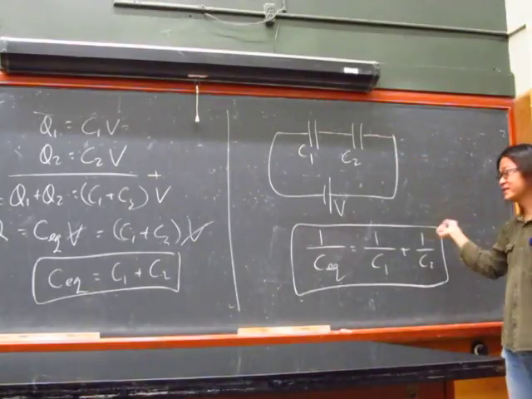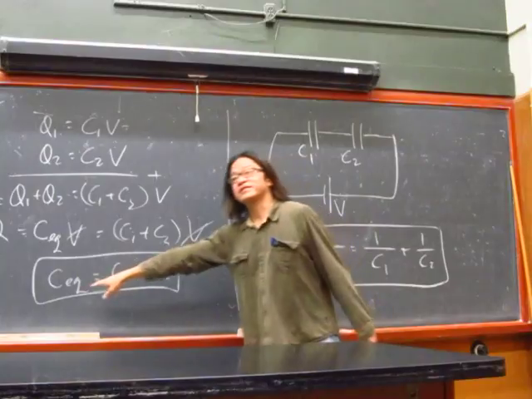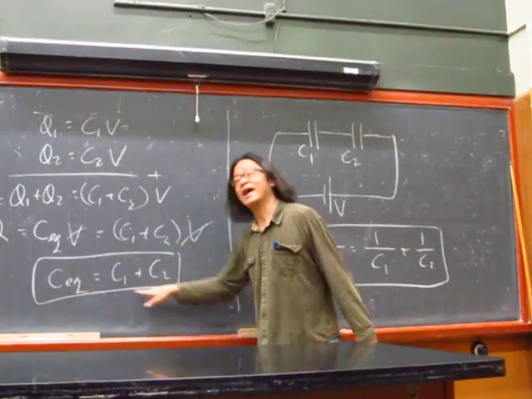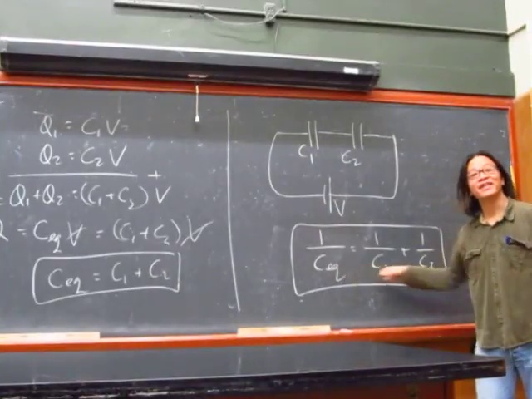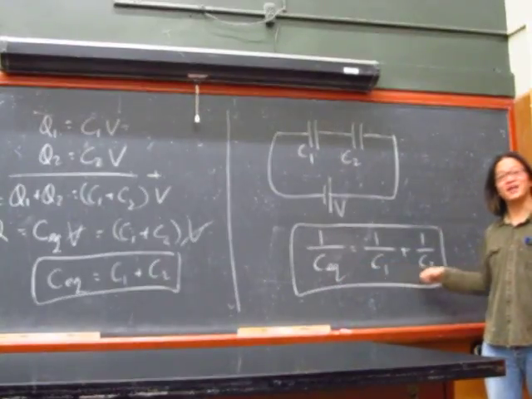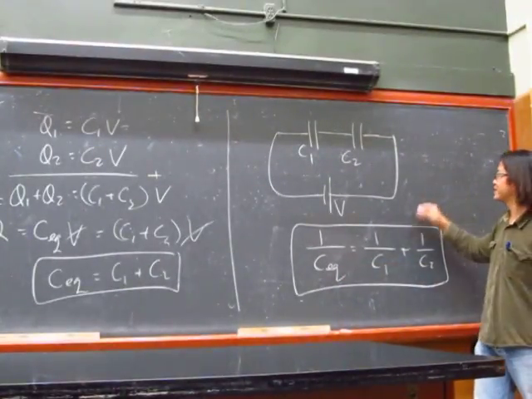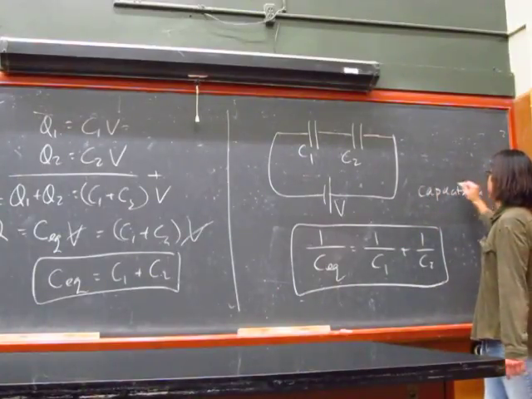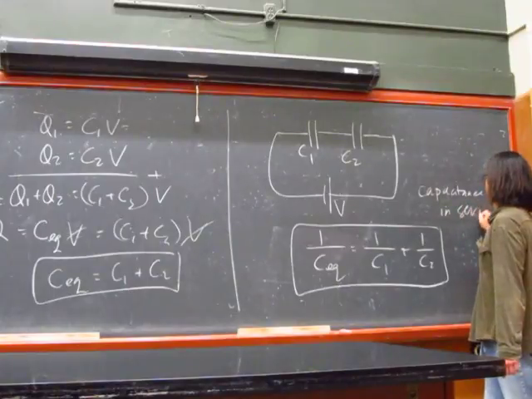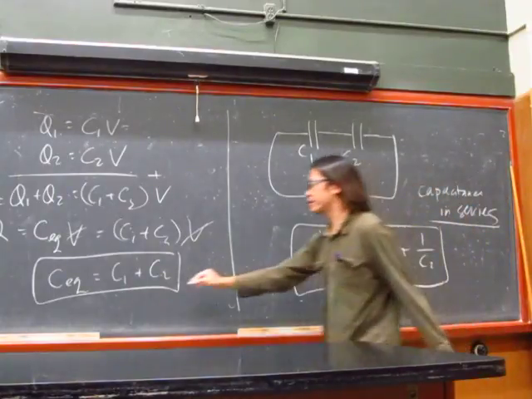For resistors, when you have resistance in series, they add, and when you have resistance in parallel, then they have this kind of formula. And this is the capacitance in series. This is in parallel.